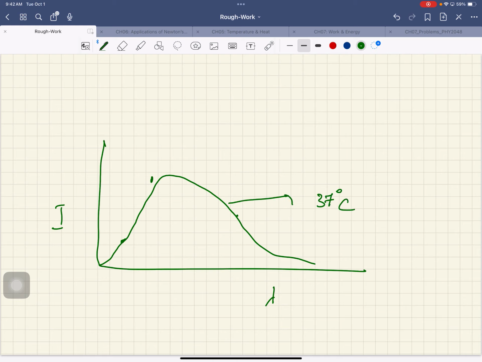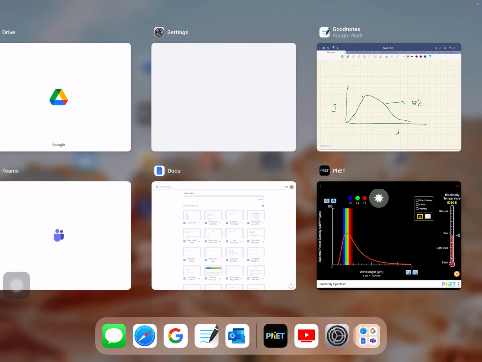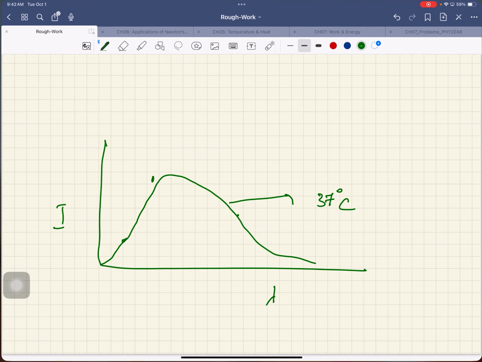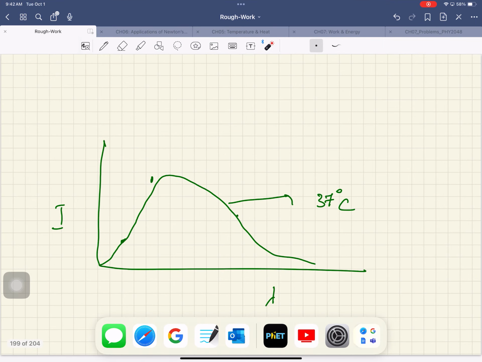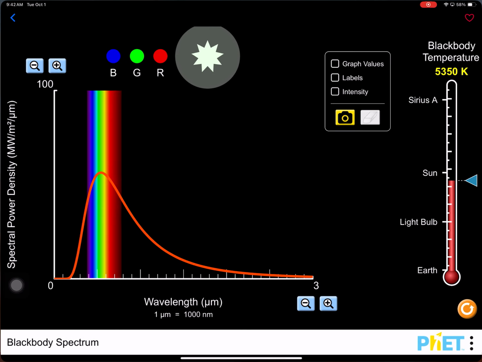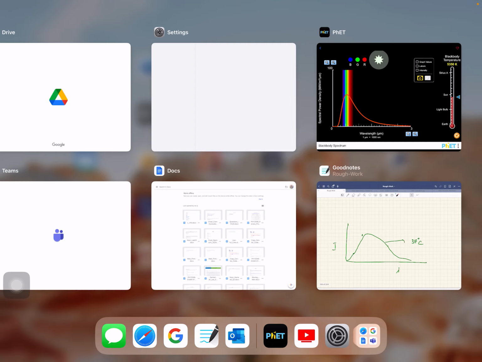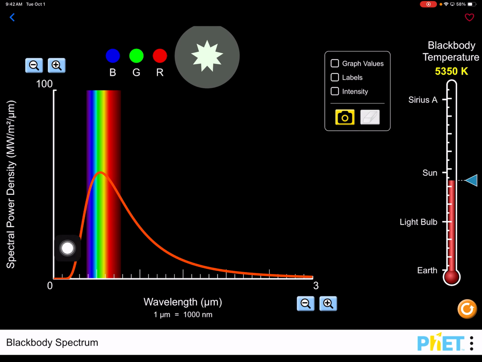And that's how that temperature is measured. The longer the wavelength, the less energy that radiation has. All right. So this is called the black body spectrum.